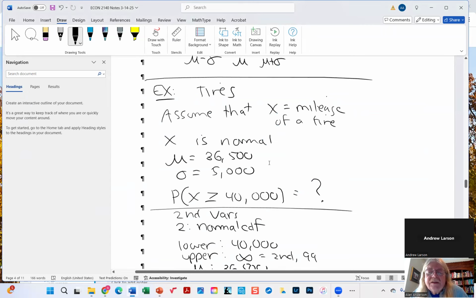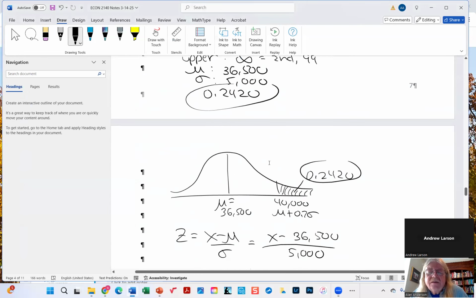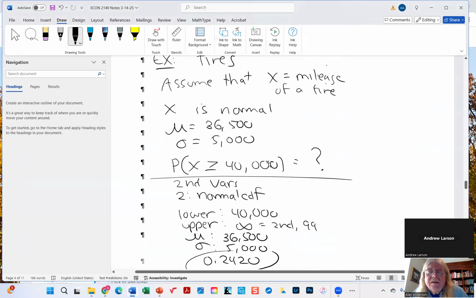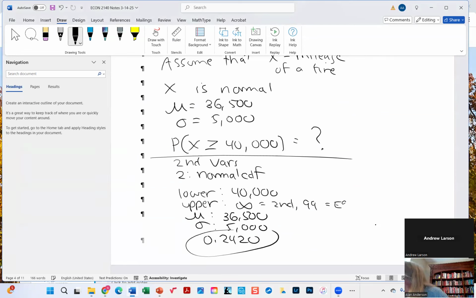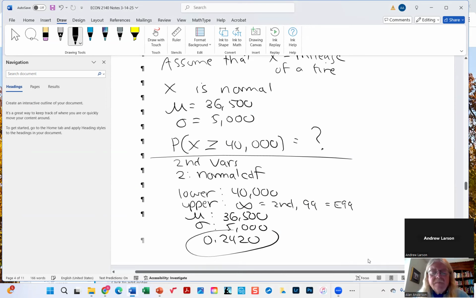Well, what do we do? If you can imagine, this is no different than any of the other problems we've run into. We go to second vars, number two is normal CDF, and the lower limit is 40,000, the upper is infinity, which again, we express as second comma 99. And again, we have to watch it.